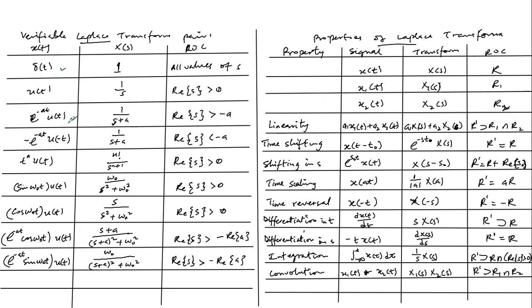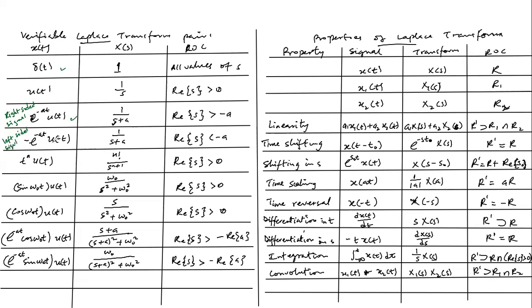Sure, we just solved this and we saw that this was a right-sided signal. And you can see from the region of convergence, it is greater than this value, and this is less than this value. So this is the left-sided version of it, a left-sided signal.